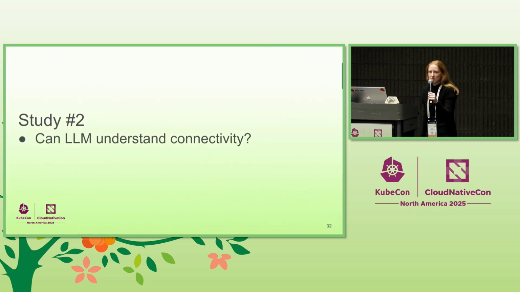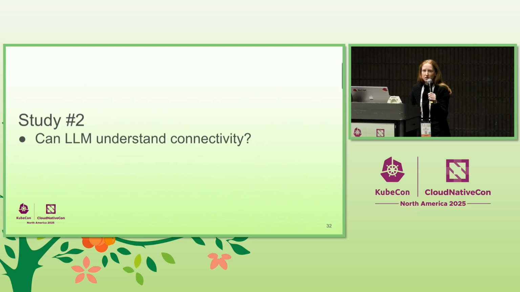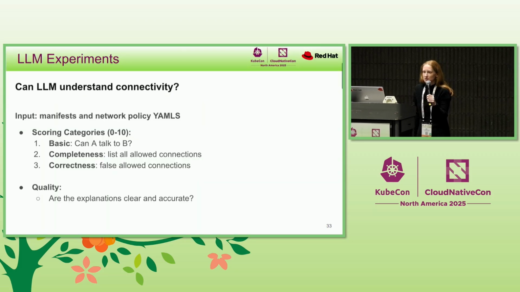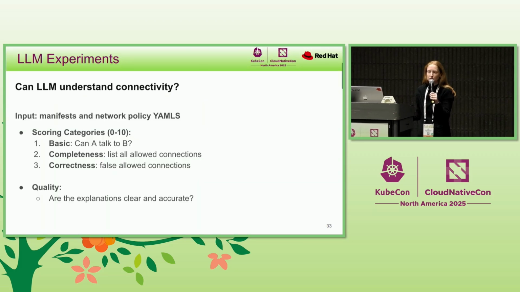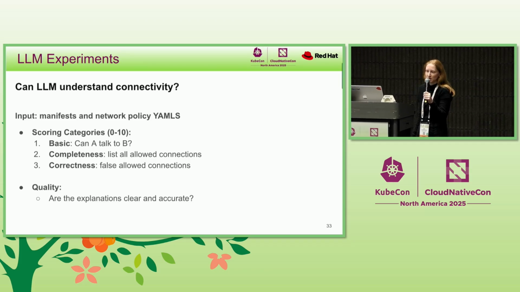And then we wanted to check whether LLM can understand connectivity. Can you tell me good insights about the connectivity from the input network policies? So for this, there was a single prompt with input of the YAML manifest of the application plus the network policy YAMLs. The scoring categories were now, for one, a basic question: can A talk to B on a certain pod?